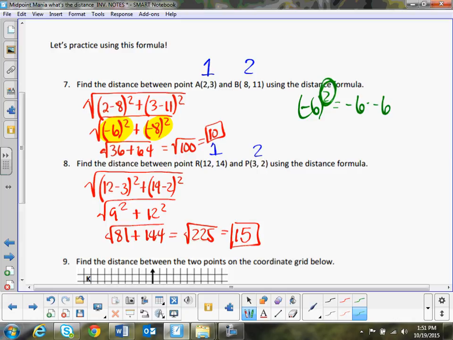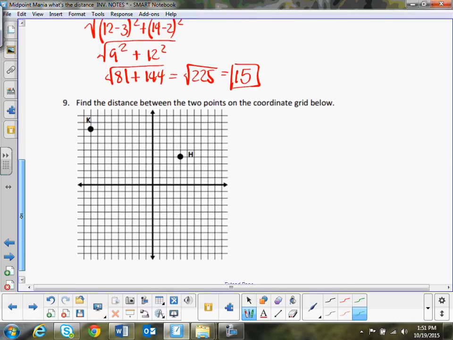Yeah, you can reverse the numbers. But if you don't reverse the numbers to begin with, then you end up with negative values, and you need to just remember that it's going to come out positive. Because anything squared is always positive.